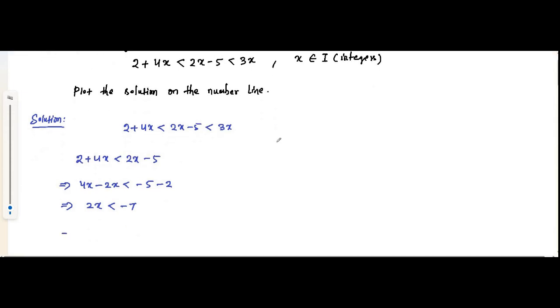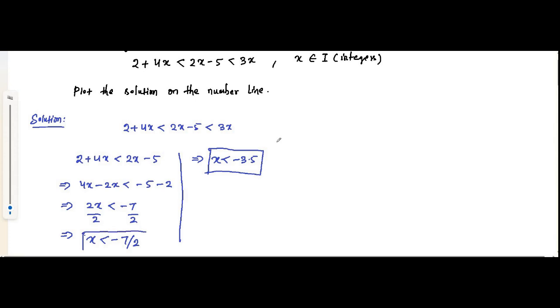Dividing both sides by 2 implies x is lesser than minus 7 by 2, or x is lesser than minus 3.5. So this is the solution. You can write it in this way or this way. So this is the first part.